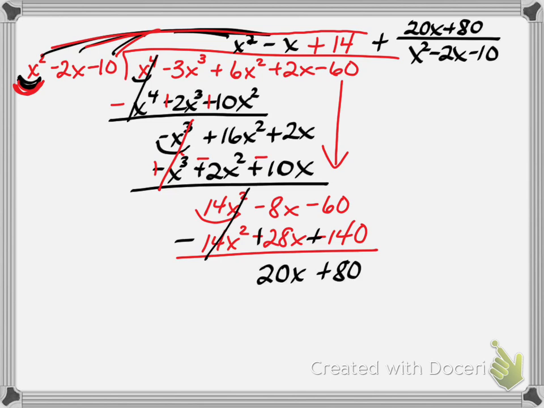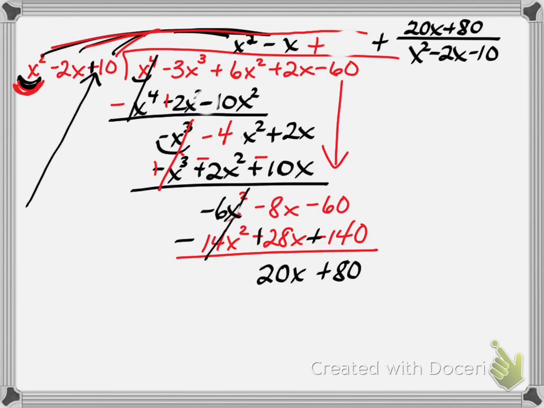Oh, gosh. If we were together, you could have caught me right off. Right here. That should have been a plus. I'm so sorry. So this sign ends up being a minus. So this ends up being a negative 4. So this ends up being negative 6x squared.